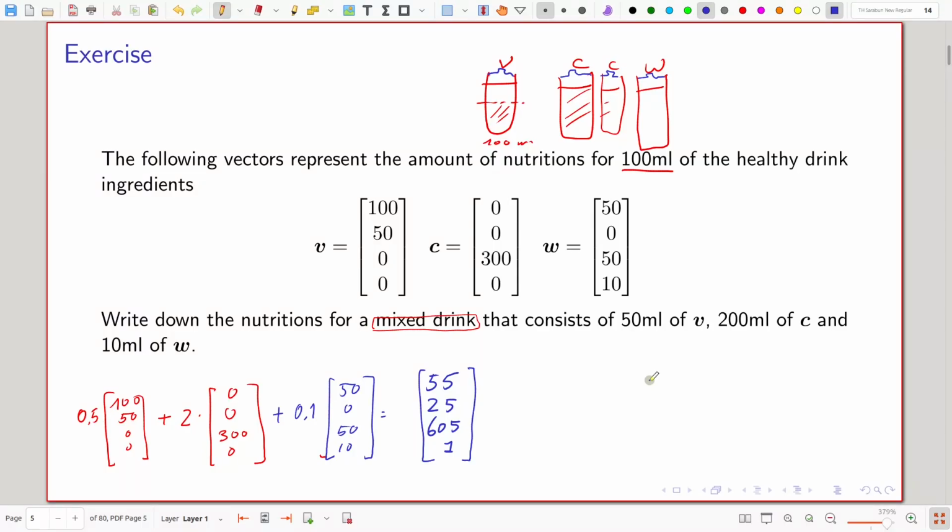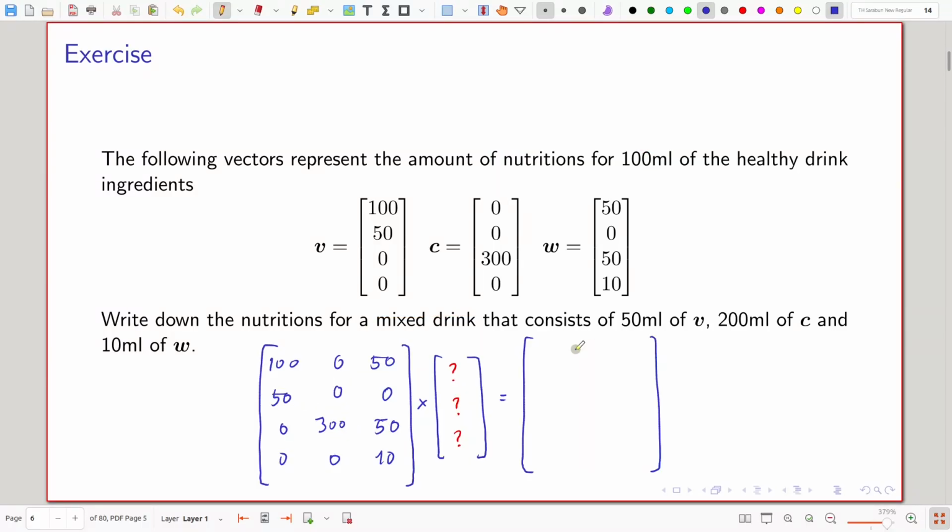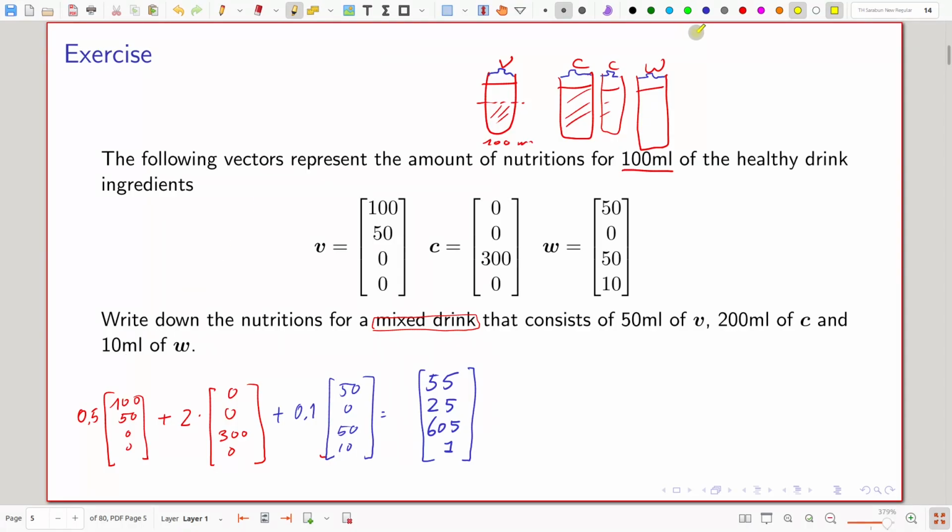Okay. So now we can write this term as a matrix multiplication. Okay, this is a review. Last time we talked about how you are gonna think about matrix multiplication, right?